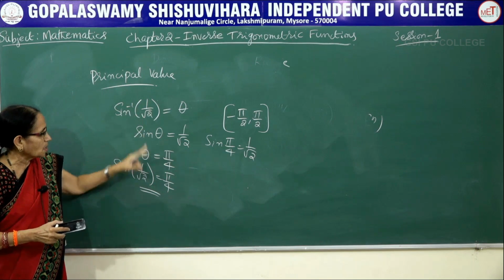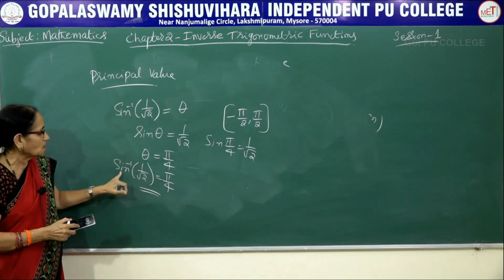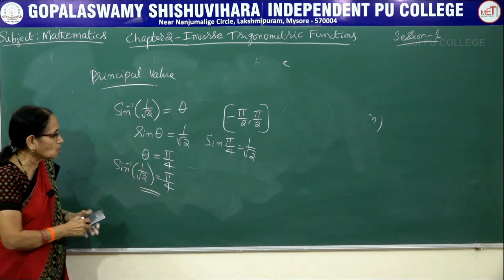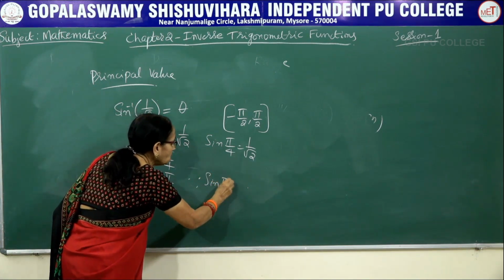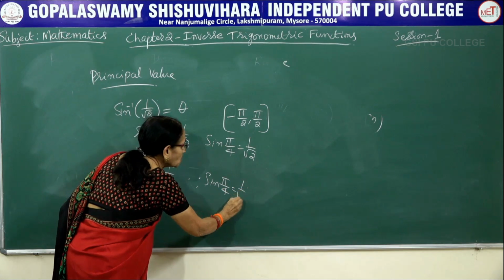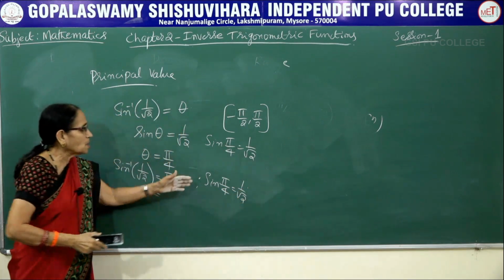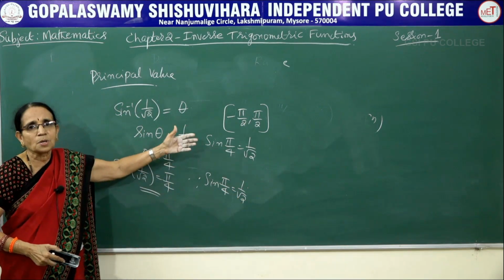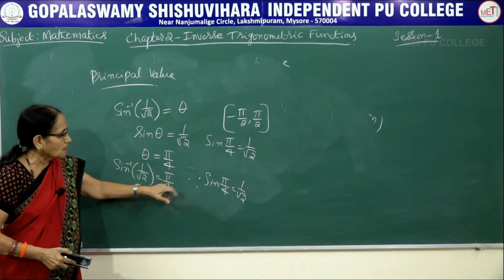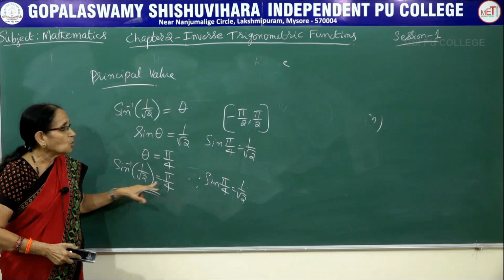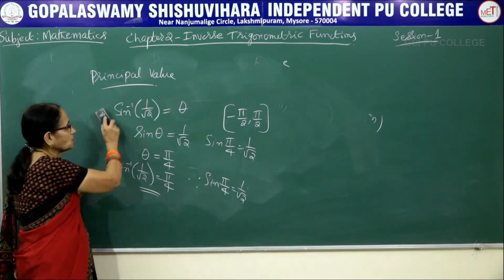So directly you can write the answer. Sine inverse 1 by root of 2 is equal to pi by 4. You can give the reason since sine pi by 4 is equal to 1 by root of 2. You need not give the reason that it lies in the principal value branch. Those sentences are not necessary. Writing the answer directly, giving the reason for that one would be enough for a 1 mark question.